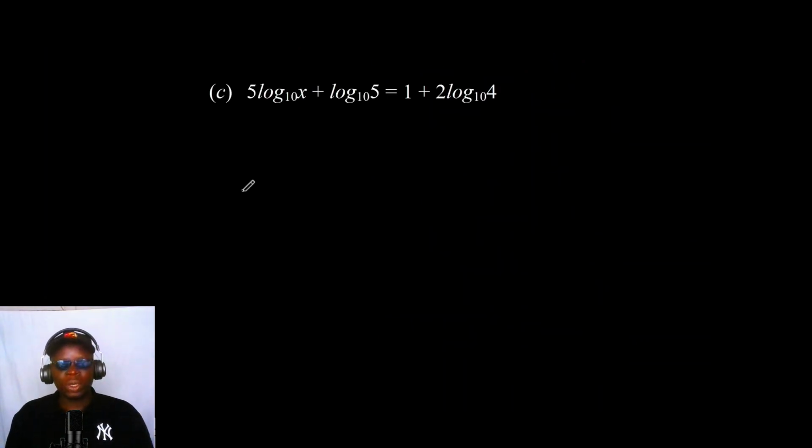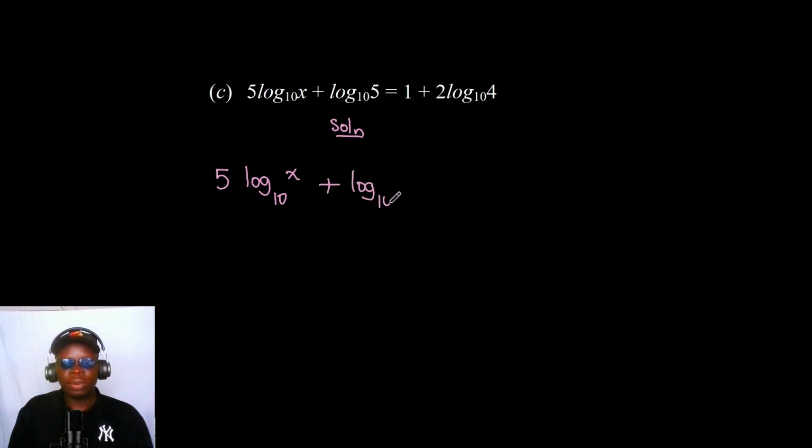For this question here, we also have 4 terms, 2 from the left-hand side and 2 from the right-hand side. Now, we're going to copy it down here, and we have 5 logarithm to the base of 10 of x, and we add these 2 logarithm to the base of 10 of 5 equals 1 plus 2 logarithm to the base of 10 of 4.